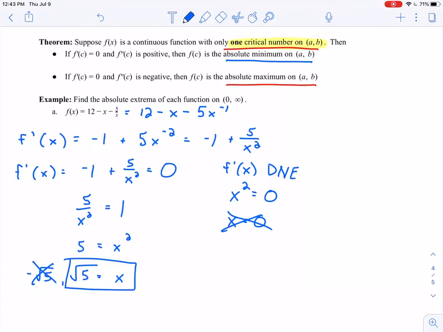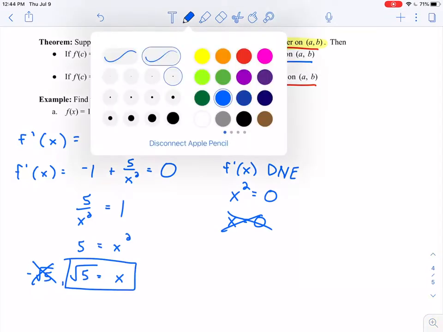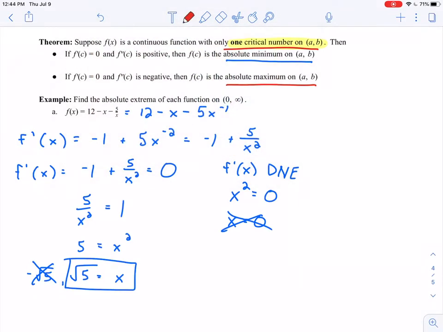Now I'm going to see, okay, at this one single critical number, do I have an absolute maximum or do I have an absolute minimum? For that, you can honestly use either the first or the second derivative test. I'm going to use the second derivative test just because I think it's easier here in this case. So I want the derivative of -1 plus 5x to the minus 2.